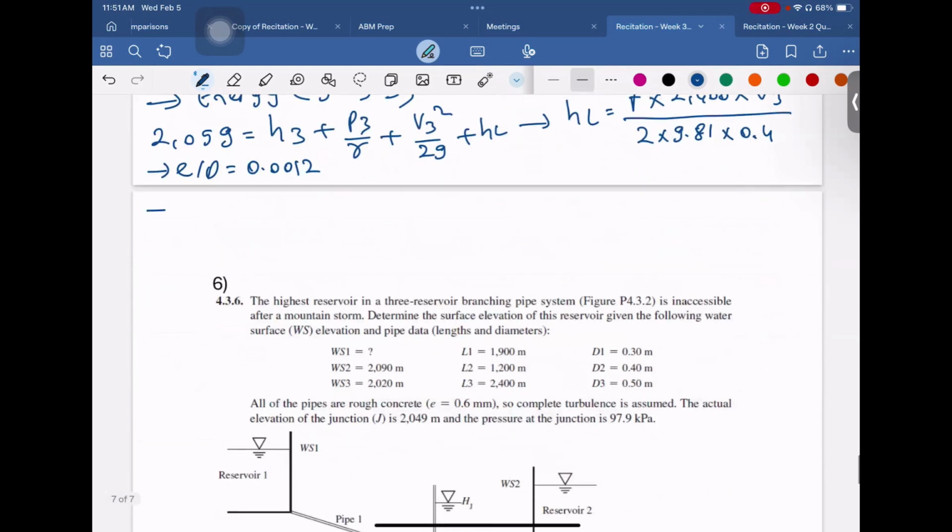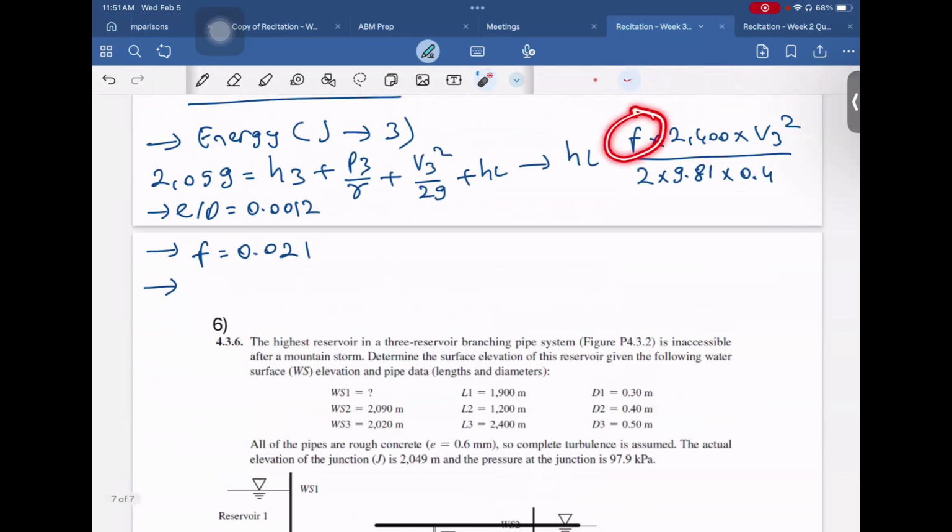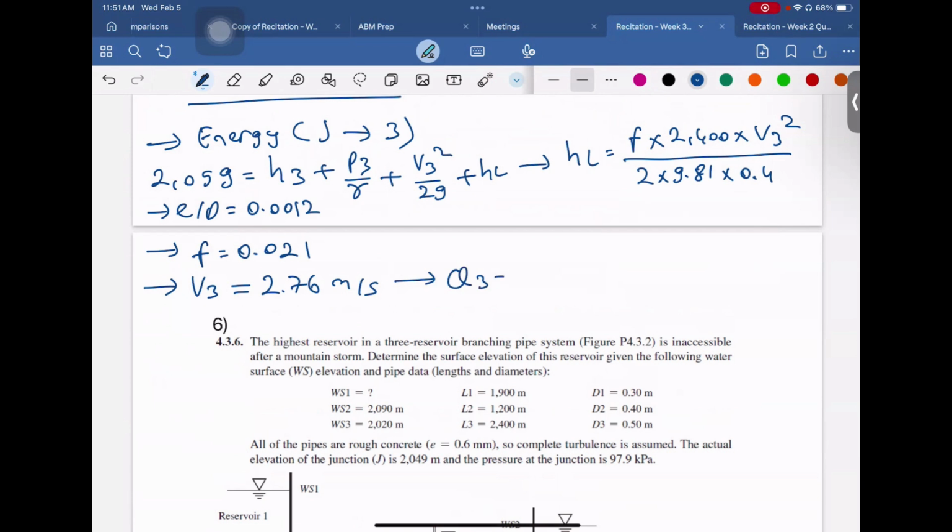And since we are assuming complete turbulence, we can estimate the friction factor as 0.021. And if we write this friction factor in this equation, and since we have a value here, we can calculate velocity at 3, and it will be 2.76 meters per second. And then we can get the flow rate.